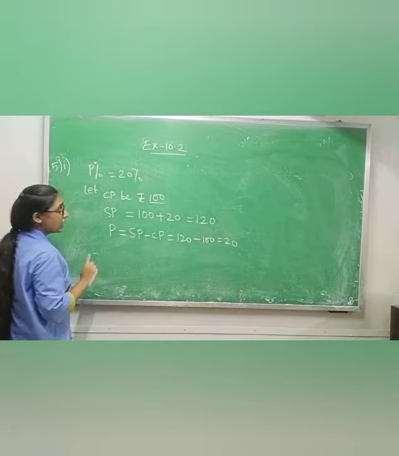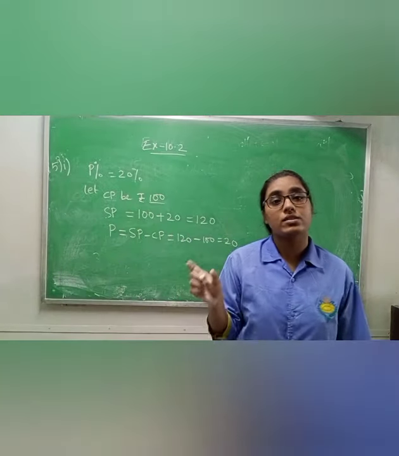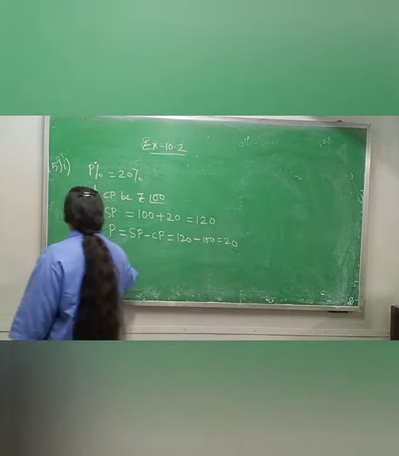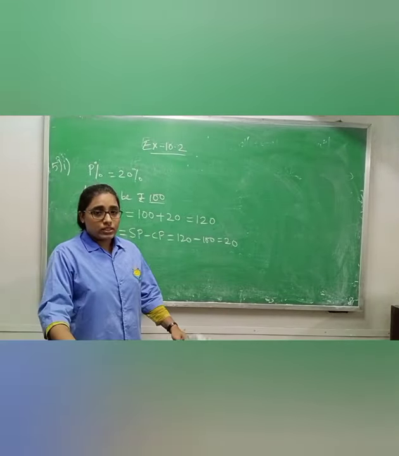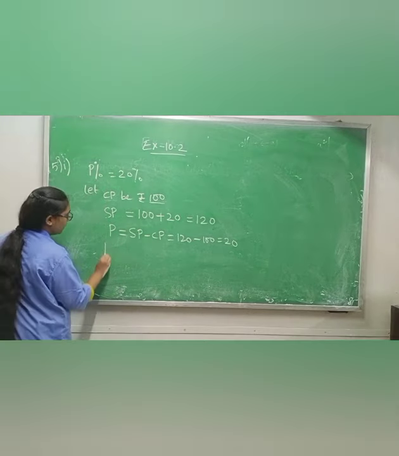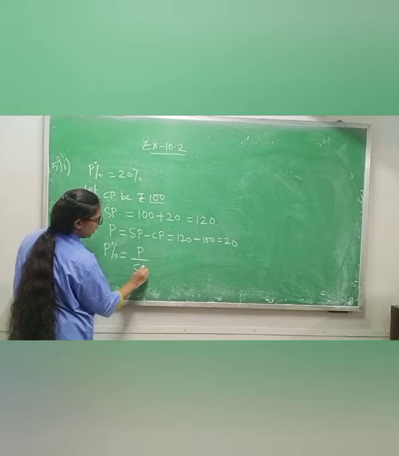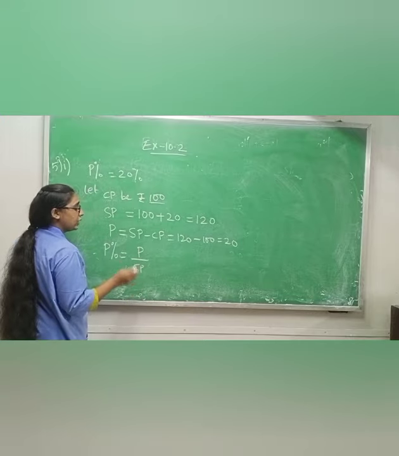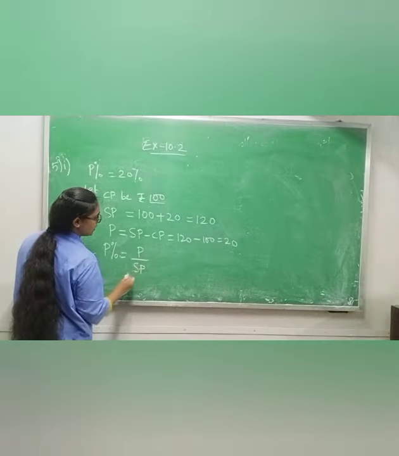Now they are asking what will be the profit percentage on selling price. When they tell you profit percentage on selling price, at that time what will be the formula? Profit percentage formula is profit by CP into 100. But in the question they are telling profit percentage on selling price, so at that time you will write selling price here.